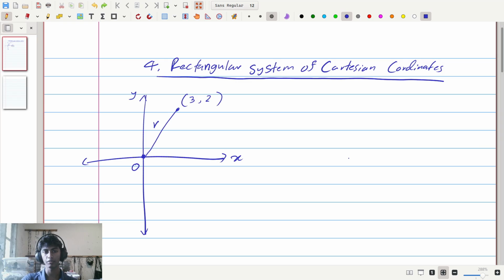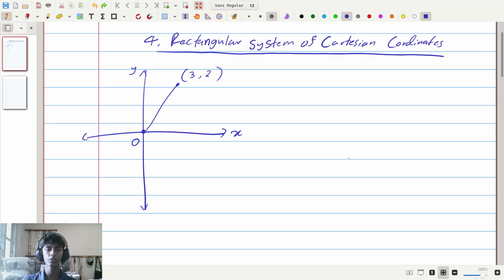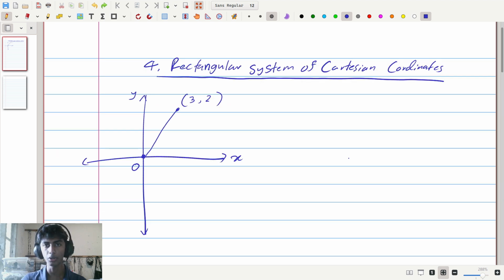But that's not the system we use commonly. We are going to talk about the Cartesian coordinate system, a system where you have two perpendicular directions and you consider how far you have to travel along each of those two directions in order to get from the origin to a particular point.